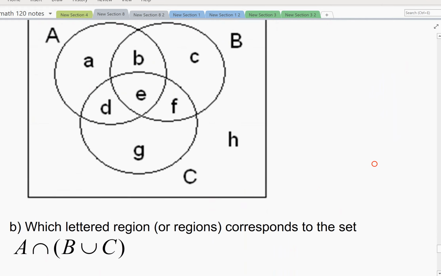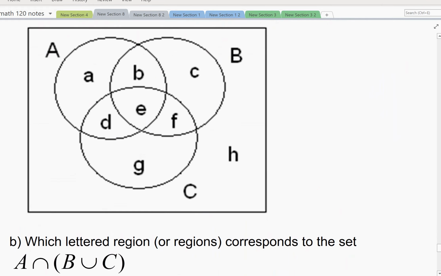Next example. I want all of the regions that correspond to the set. Again, I'm going to write it up here so I've got a little more room to work.